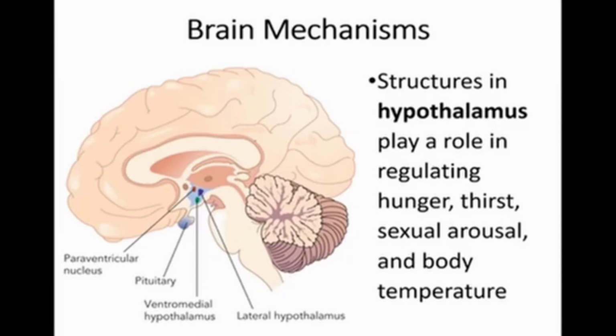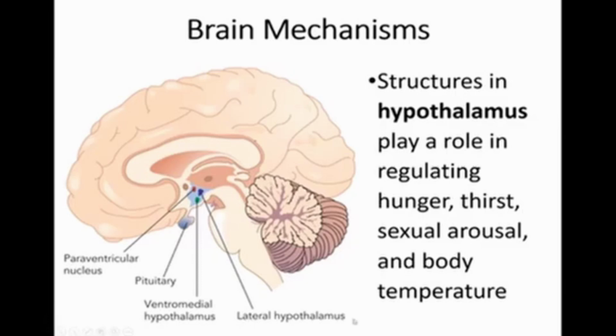So now, as promised, we're going to move to the point where we can start talking about the brain areas involved in this whole process. So most of what we know to be involved in weight regulation and hunger and everything like that, most of them are involved or are located in or around the hypothalamus. So in this general area of the brain.